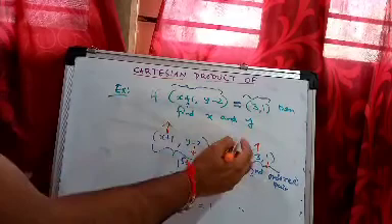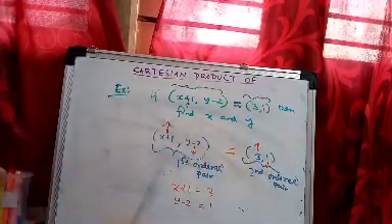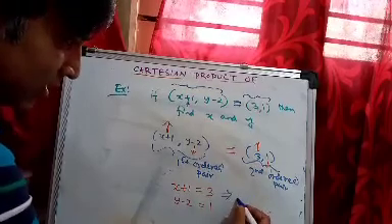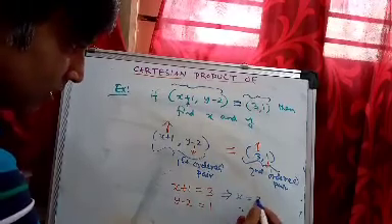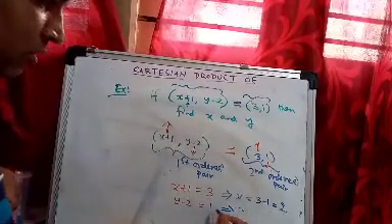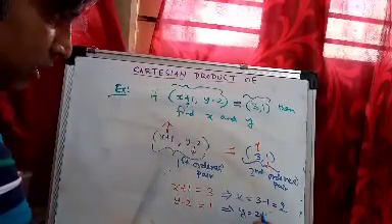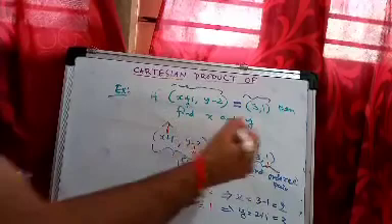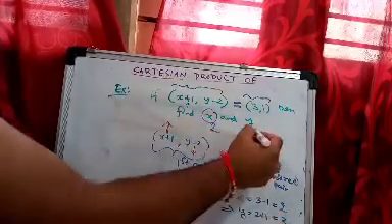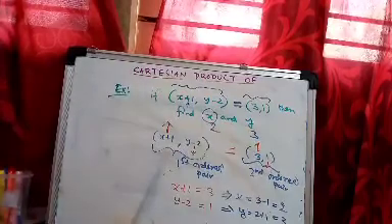Then we say both are equal. Now solve this. x plus 1 equals 3 implies x equals 3 minus 1, that is x equals 2. Similarly, y minus 2 equals 1, so y equals 2 plus 1, that is 3. So my answer is x equals 2 and y equals 3. Very easy problem.